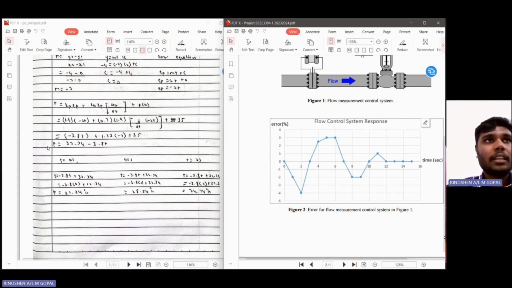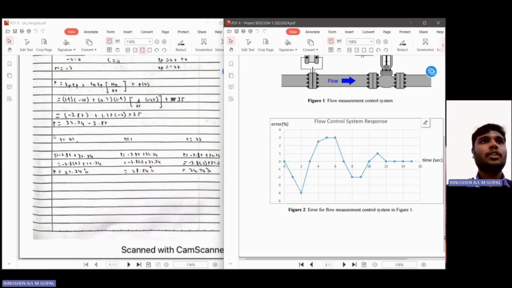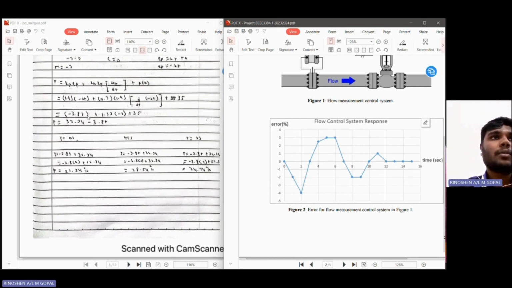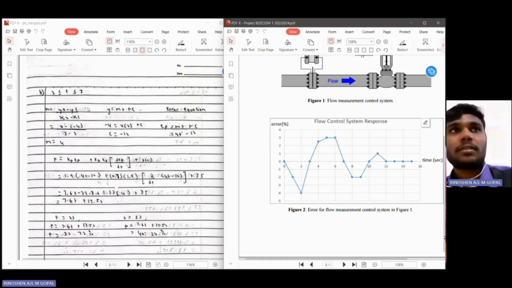So we get the answer P equals 32.3t minus 32.34 minus 3.8t. After that, we substitute t equals 0 seconds, 1 second, and 2 seconds. So we get 32.34% for 0 seconds, 28.54% for 1 second, and 24.74% for 2 seconds.